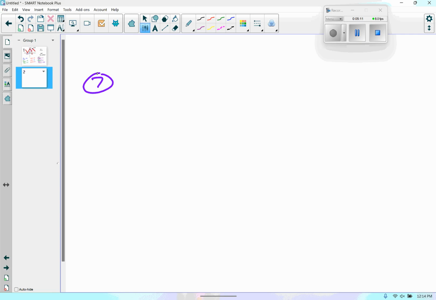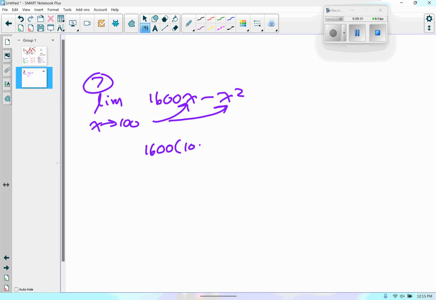They give us this equation that's basically this, where X is the total number of units sold. So all we can do on this one is, if we want the limit as X approaches 100, you plug 100 here, 100 here, so you're going to get 16 times 100 minus 100 quantity squared, and then just do the math. 1, 2, 3, 4 minus 1, 2, 3, 4.